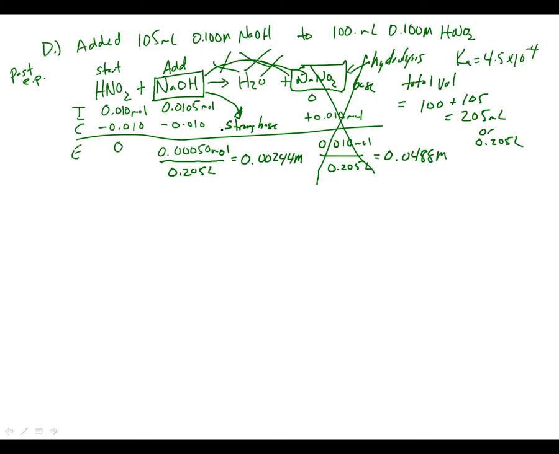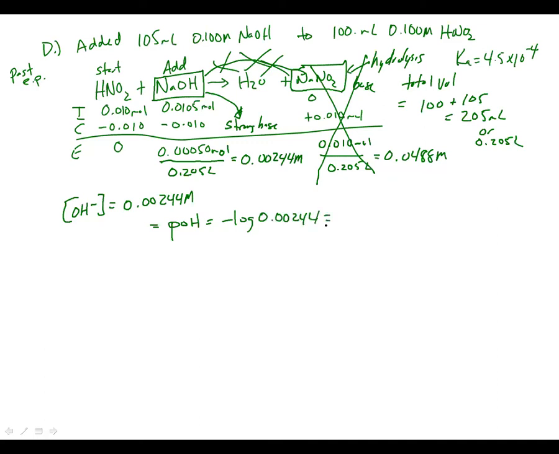And the major contributor for our hydroxide would be the strong base. So that means that the hydroxide concentration, not the H plus concentration, because it's a strong base, would be 0.00244. And that means that the pOH would be minus the log of that.